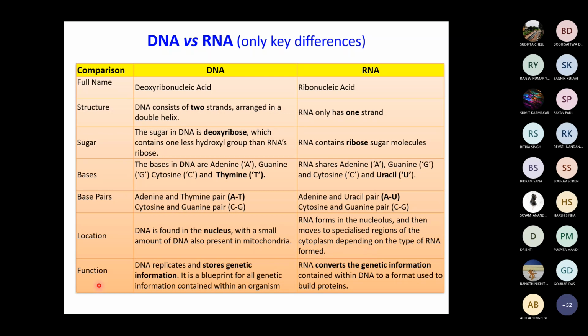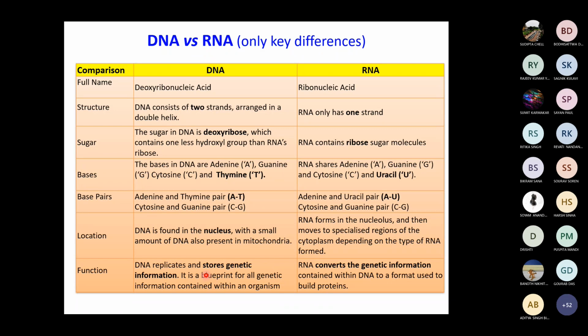Now moving to the function, what is the function of DNA and RNA? DNA is really the genetic material. It replicates and forms many copies, DNA forms DNA again. It is a blueprint of all the genetic information present in any organism.